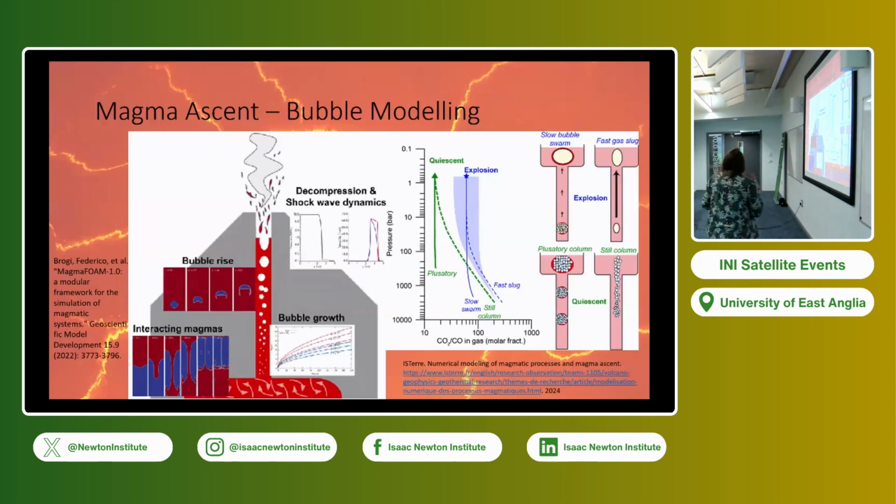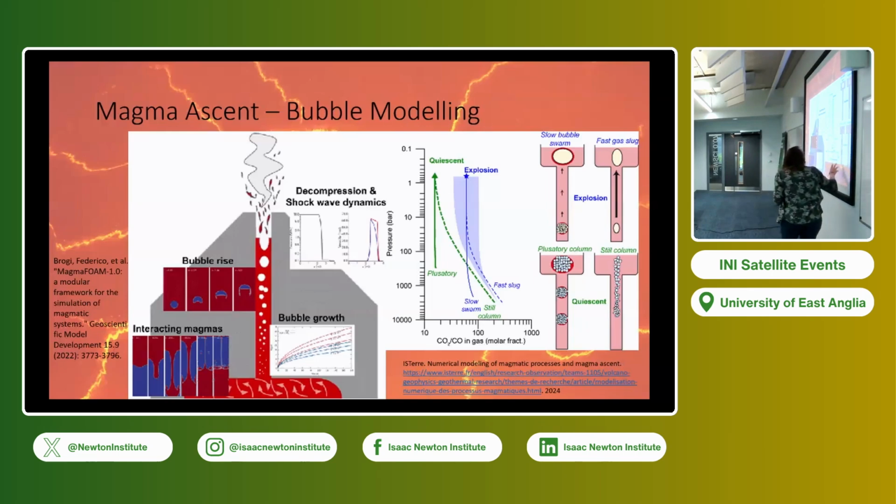So bubble ascent is one of the big ones that has been modelled. So we've got various models of bubbles rising, bubbles growing, bubbles interacting with different bits of the magma, shockwave dynamics. So this is how they cause earthquakes.